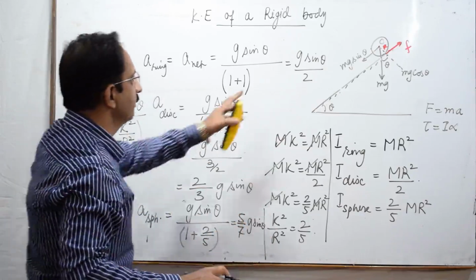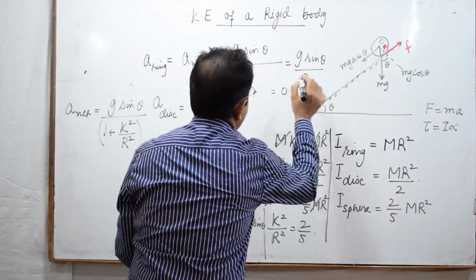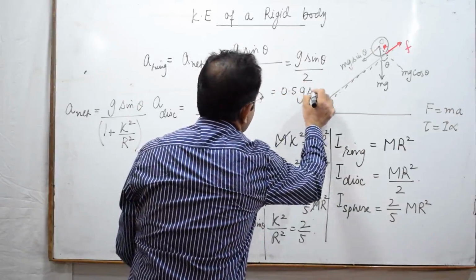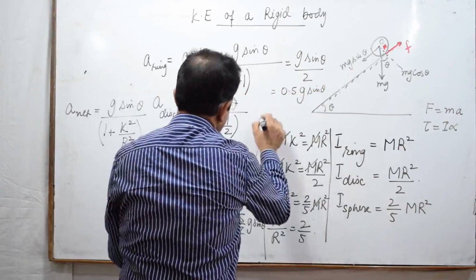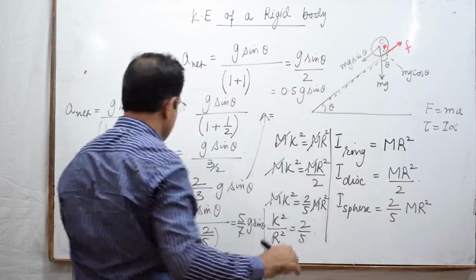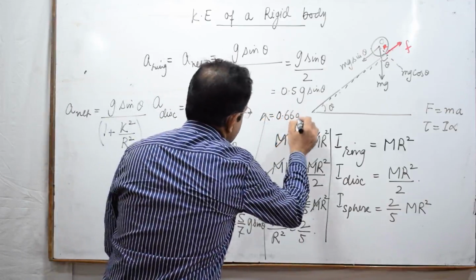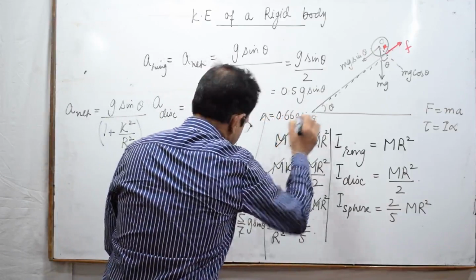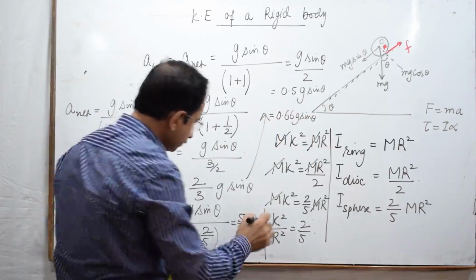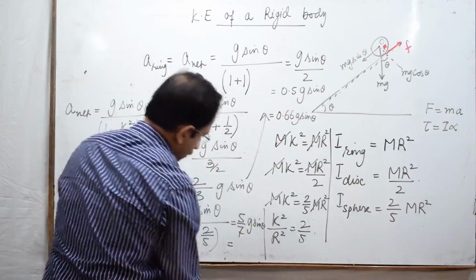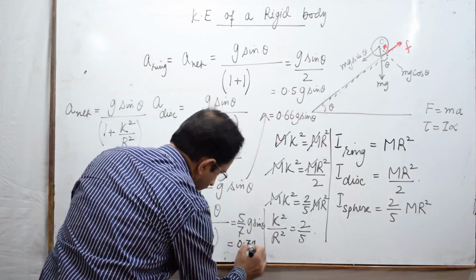Now you will see in this fraction that when I take 1 by 2, this becomes 0.5 g sin theta, or when I talk about 2 by 3 it becomes equal to 0.66 g sin theta, and when I take 5 by 7 we have 0.7 g sin theta.